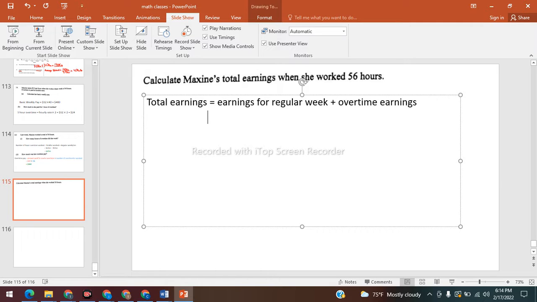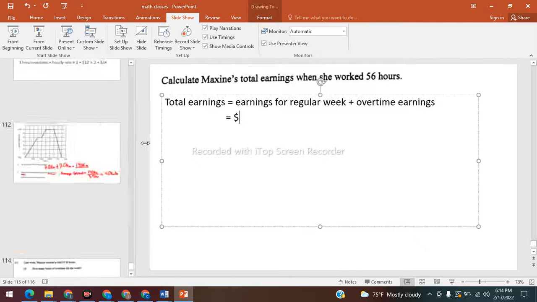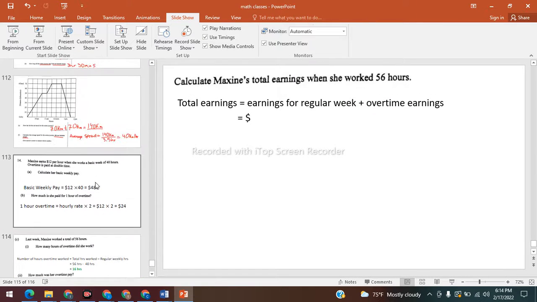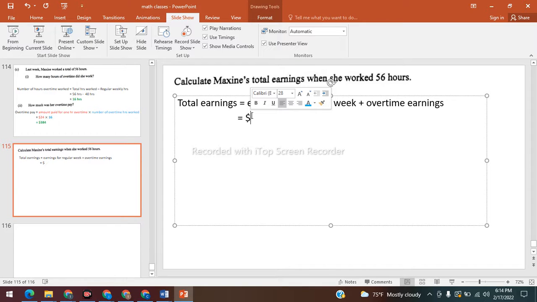And we know that what she got for a regular week was what? 480. When we saw that before, that was 480. Plus, how much did she get for overtime? 384.